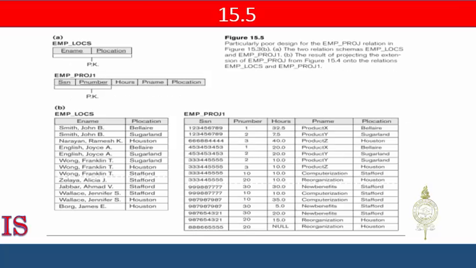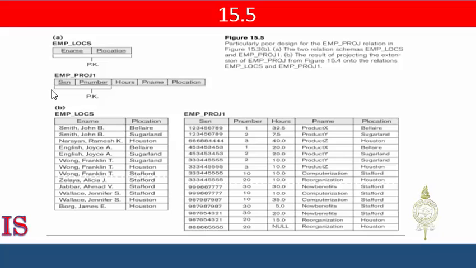Consider the two relation schemas EMP_LOCS and EMP_PROJ1 in this example, which can be used instead of a single EMP_PROJ relation that we saw earlier. A tuple in EMP_LOCS means the employee whose name is Ename works on some project whose location is Plocation.